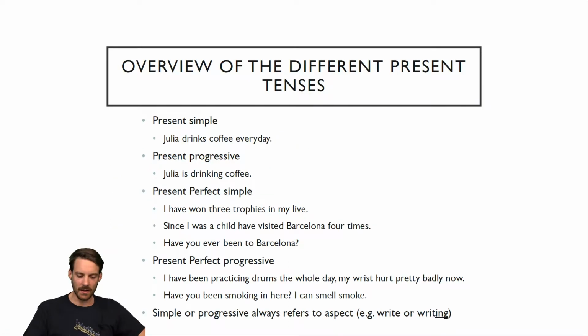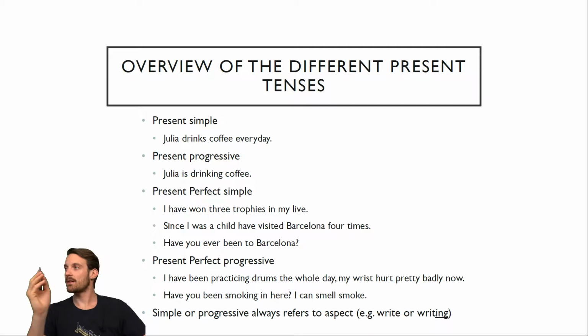We're gonna start off with a short overview of the present tenses that are out there. Basically, we have the present simple. Example, Julia drinks coffee every day. Then we have the present progressive. Julia is drinking coffee.